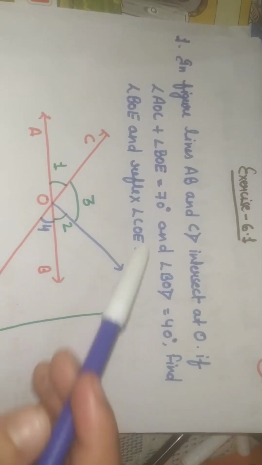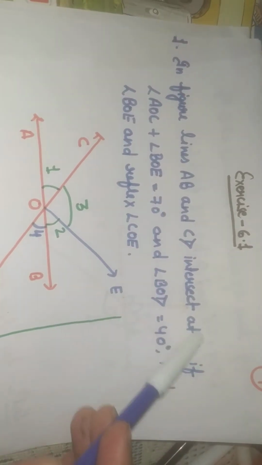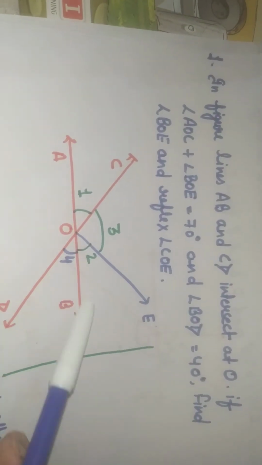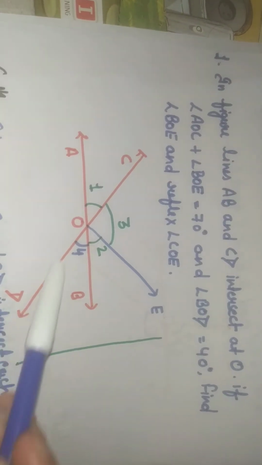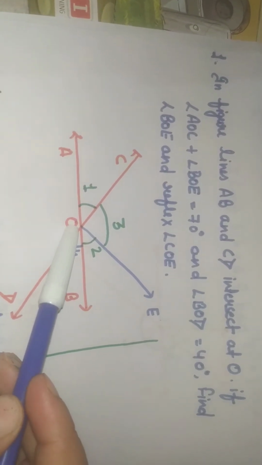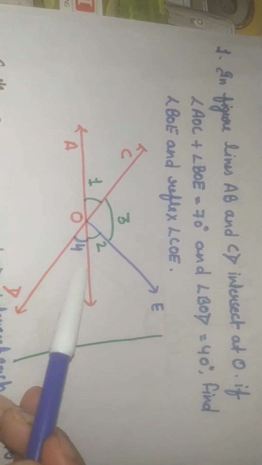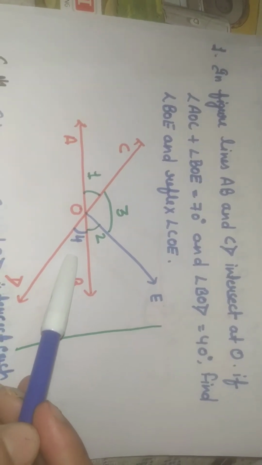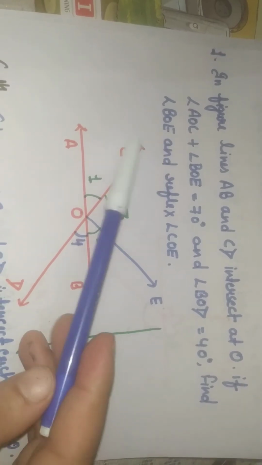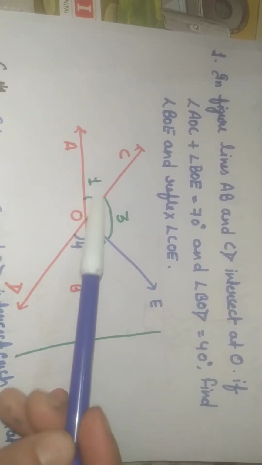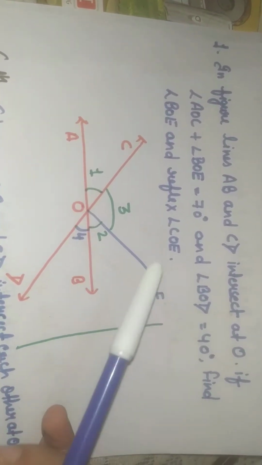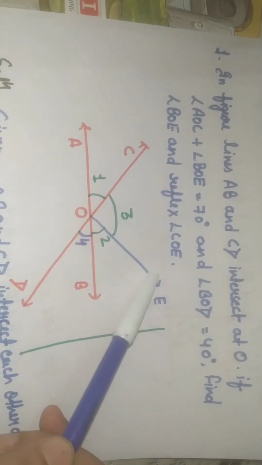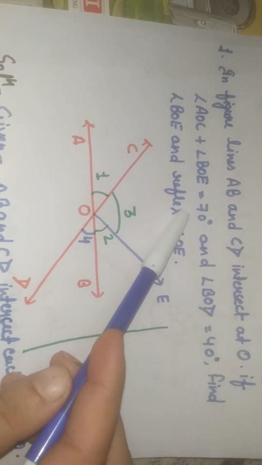In the figure, lines AB and CD intersect at O. Two lines are here, AB and CD, intersecting at O. It means angles 1 and 4 are vertically opposite angles and their values will be equal. They say angle AOC plus angle BOE is equal to 70 degrees, that is angle 1 plus angle 2.